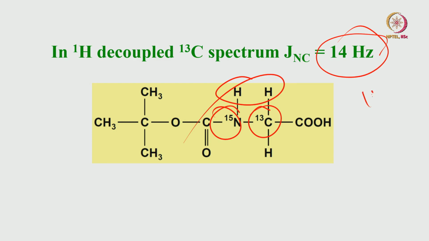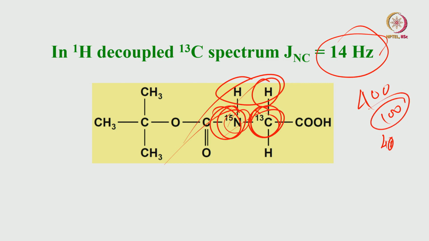If I take 400 megahertz, carbon is 100 megahertz, nitrogen 15 resonates at 40 megahertz, because gamma is 10 times smaller. I told you gamma of nitrogen is 10 times smaller compared to proton. Carbon 13 gamma is 4 times smaller compared to proton. So, resonating frequency of nitrogen 15 in a 400 megahertz spectrometer is 40 megahertz, whereas carbon is 100 megahertz.